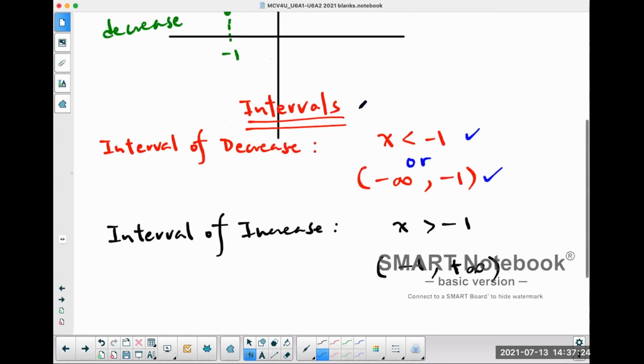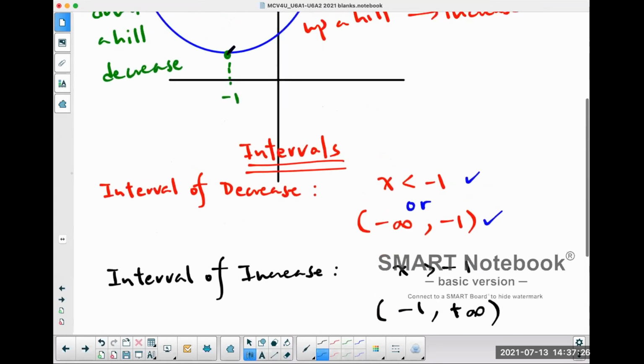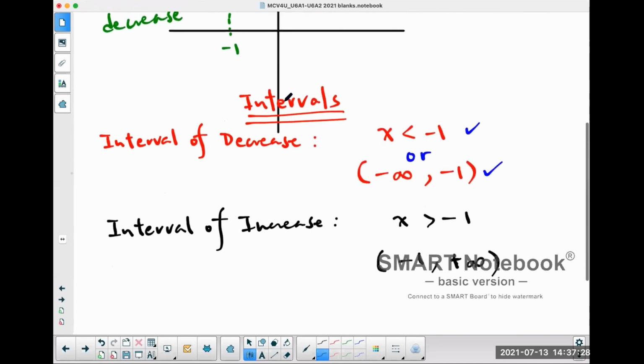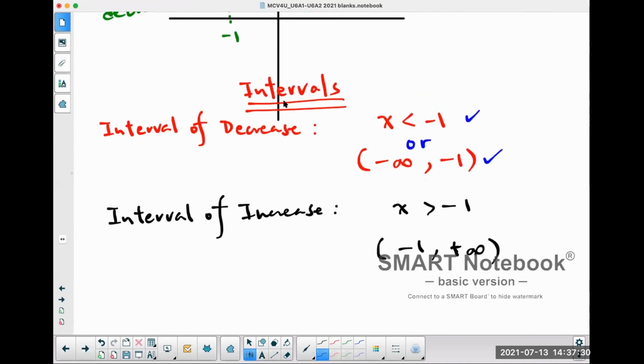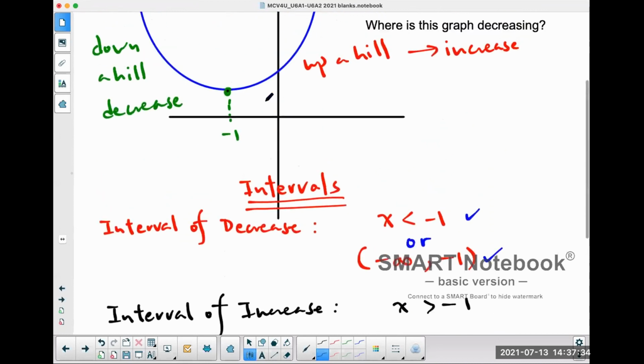And then people ask, oh, what about if you stay right at -1? Well, -1 is that point where things are changing, right? We have a special name for that. This is what we refer to as a critical point in the graph. It's one of the important points in the graph.